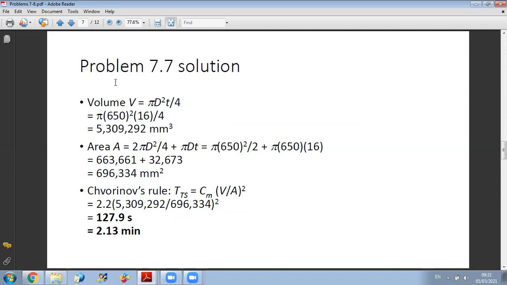After finding these two, from Chvorinov's rule, we apply the formula that the solidification time is the mold constant times V over A squared. Then we can get the solidification time in seconds, and in case it's needed in minutes, we can divide by 60 to convert it. Any questions on this problem? Okay.